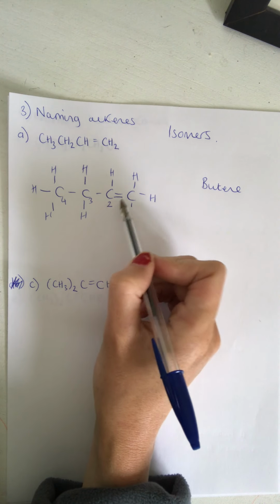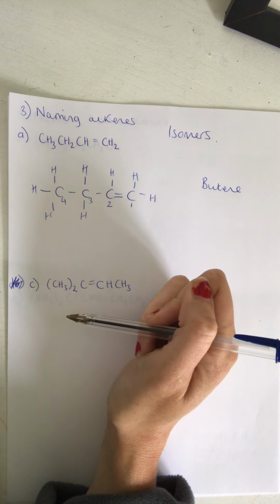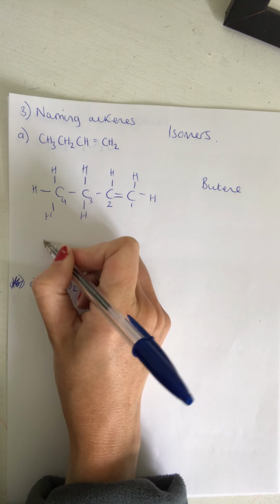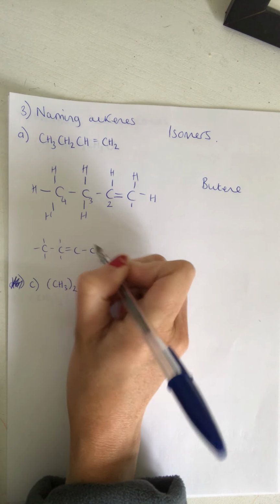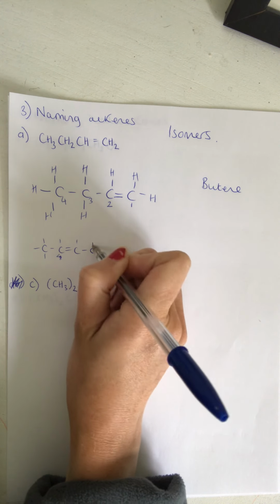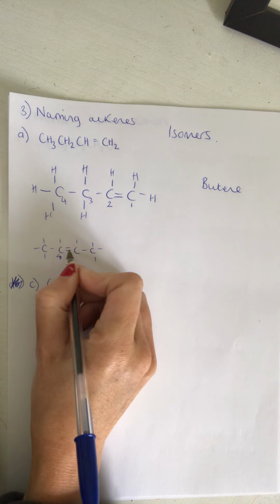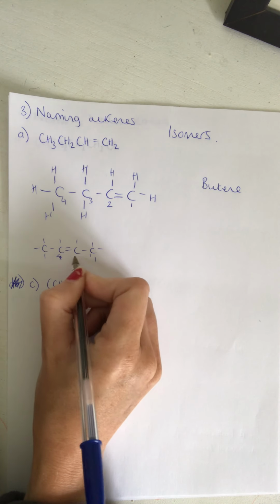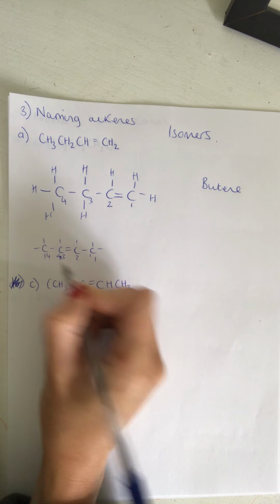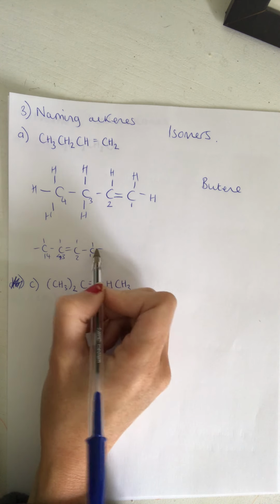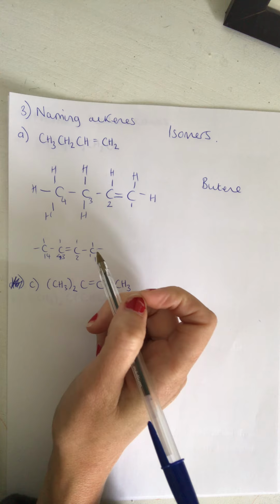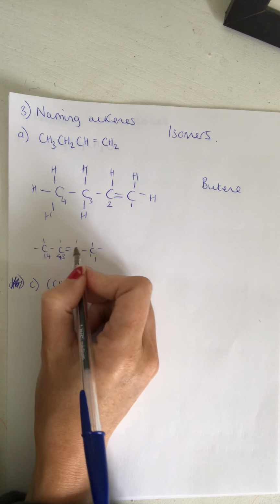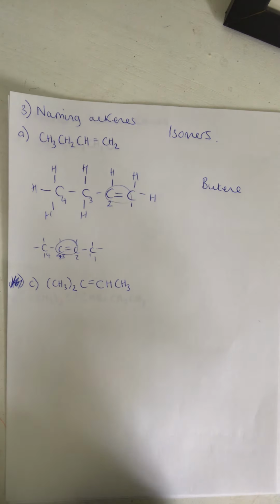So this double bond is between carbon 1 and carbon 2, but you could have this, where the double bond is between carbon 2 and carbon 3. Okay, we've still got the same number of carbons, we've still got the same number of hydrogens, so the molecular formula is the same, but the position of the double bond is different.